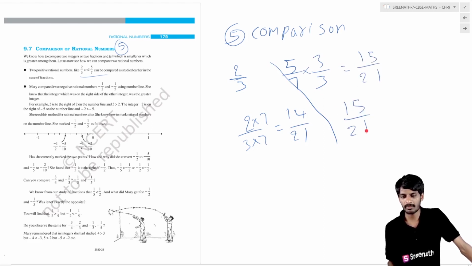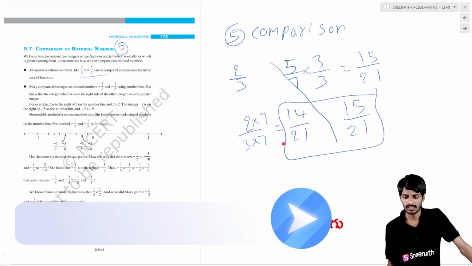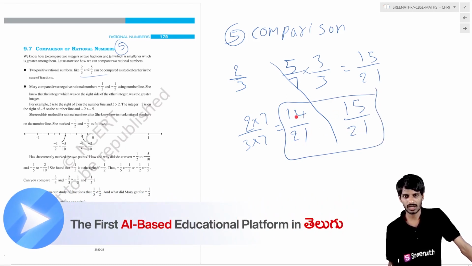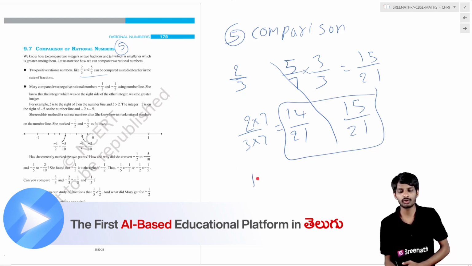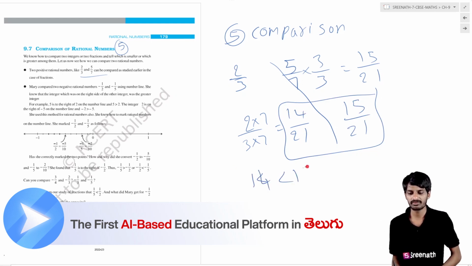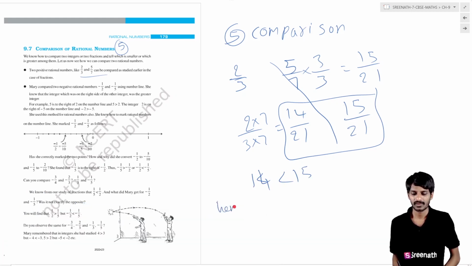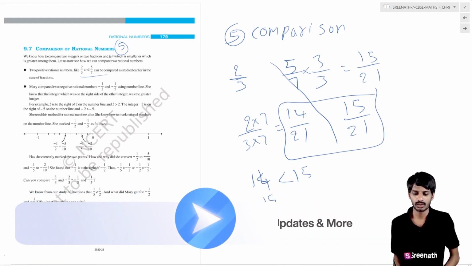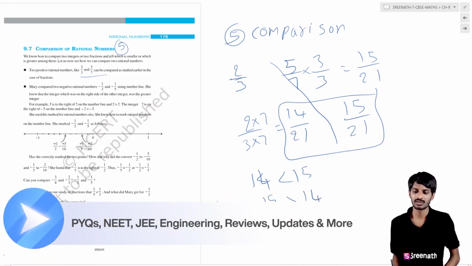So finally, what numbers are we having? The denominator is the same. If you consider the numerators, it is 14 and 15. So we know that 14 is less than 15. Hence 15 by 21 is greater than 14 by 21. So if you have the same denominators, then you can easily compare two rational numbers.